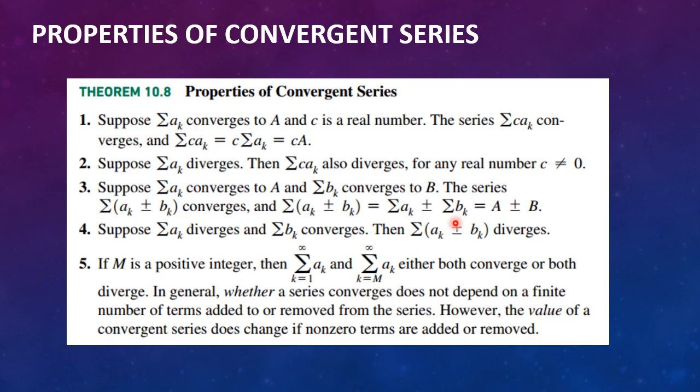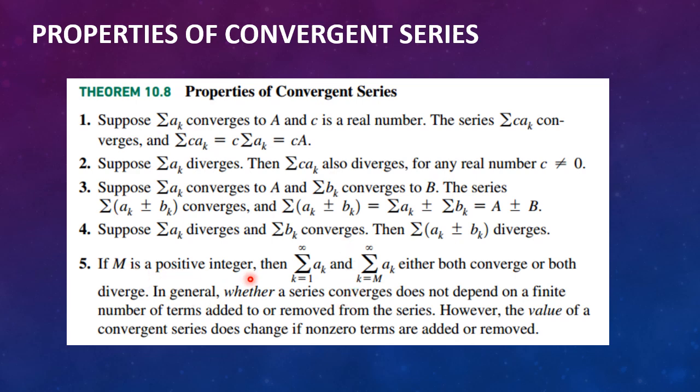If we're subtracting the two infinite series, then we subtract their values. Again, very intuitive. And as we saw, if A diverges and B converges, then the series of the sum or the difference diverges. This is really a general statement. If one series diverges and the other converges, then the sum or the difference diverges. Okay?